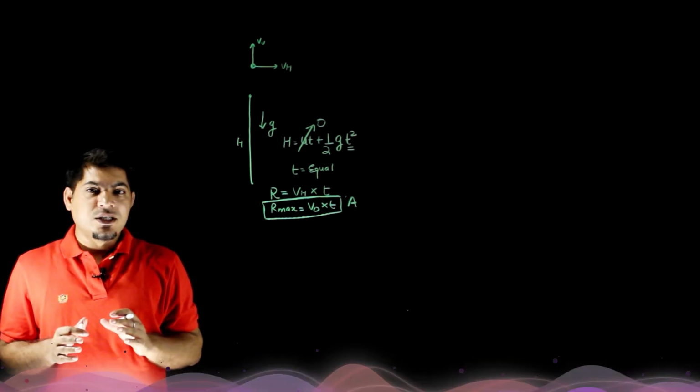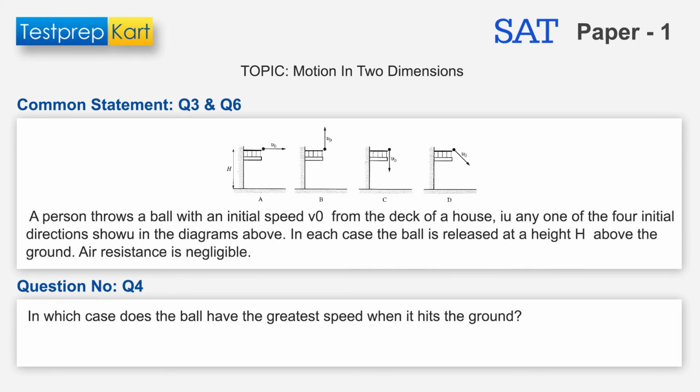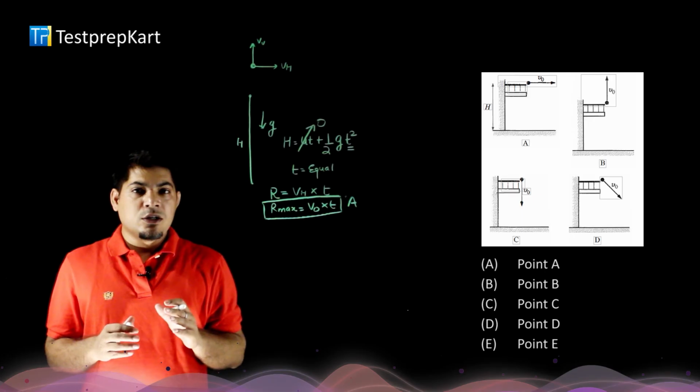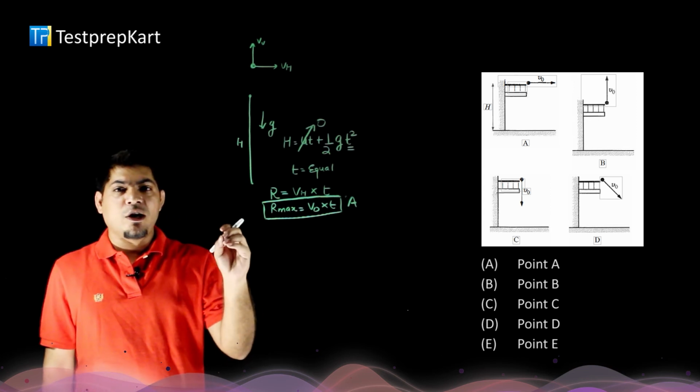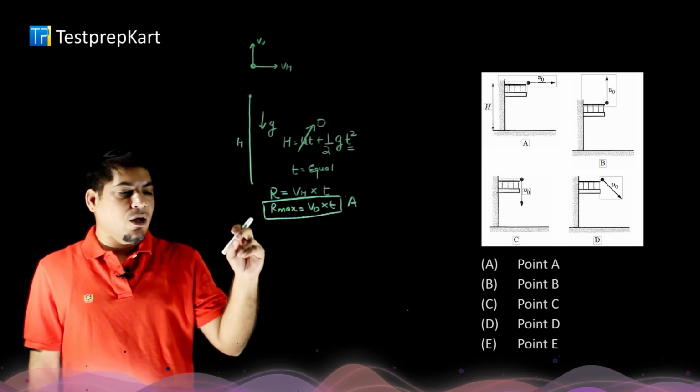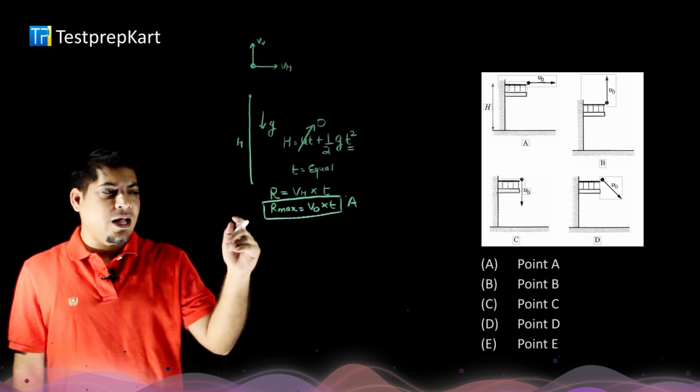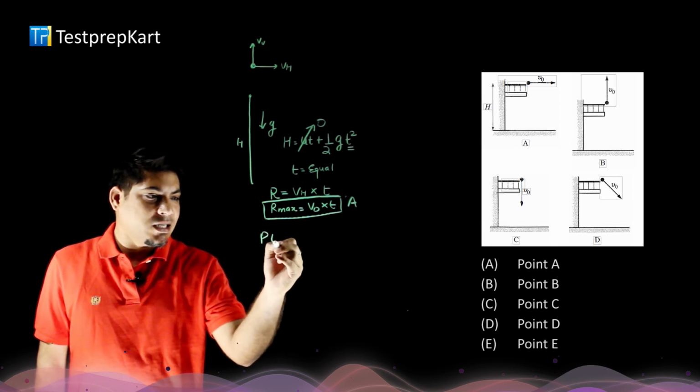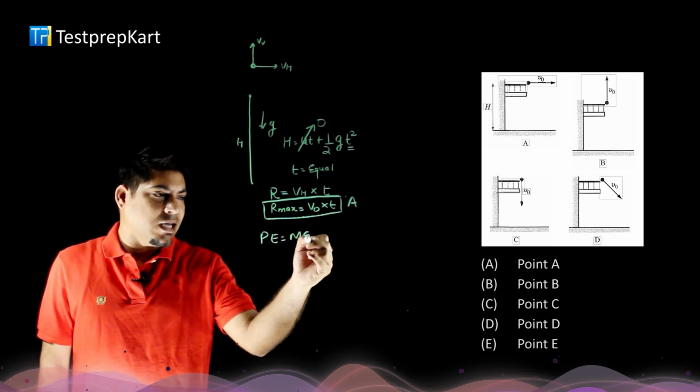So the next question is, in which case does the ball have the greatest speed when it hits the ground? If we look at the initial position of each projection, all the balls have equal height, so they will have the same potential energy, that is mgh.